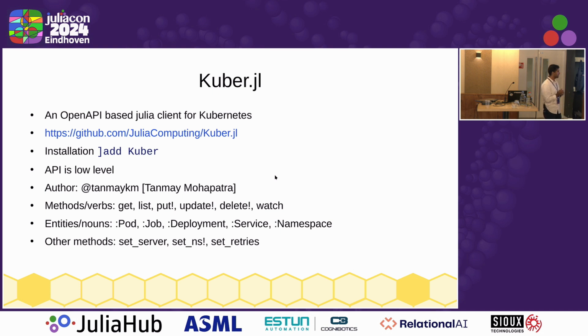So you could get details about it, you can update, you can delete, and you can watch those changes to those entities. And we have some helper methods. So for example, we have setNS, which can be used to change the namespace of your current context. And we have setretries, which we use in production because you want to make it more robust in production.